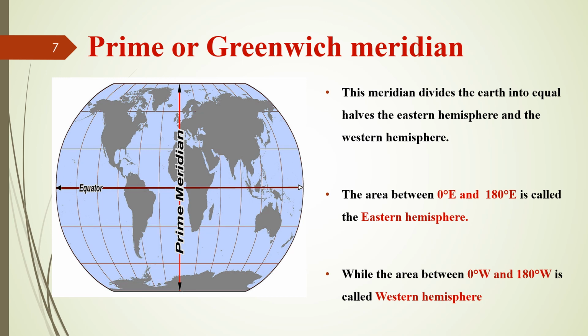From 0 degree to 180 degree east is known as the eastern hemisphere, and from 0 degree prime meridian to the west of 180 is known as the western hemisphere. There are 360 meridians, I told you earlier.